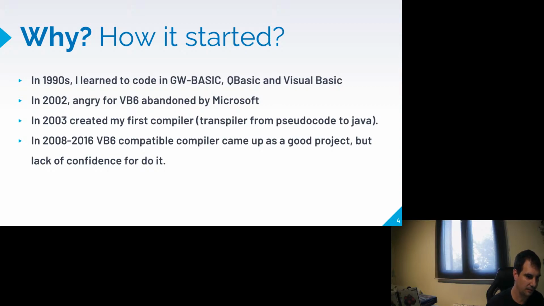But in 2002, I think a lot of us got angry about Microsoft's decision to abandon Visual Basic 6 in favor of .NET. In fact, I think it was a commercial and political decision.